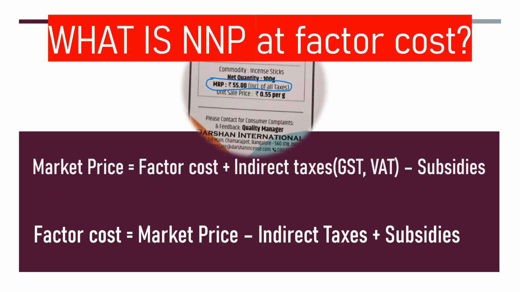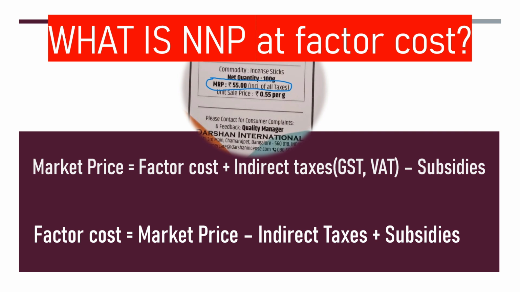Here, as you can see, it is written MRP rupees 55 inclusive of all taxes. That means the taxes, whether GST, VAT or any other, are already included in this price.